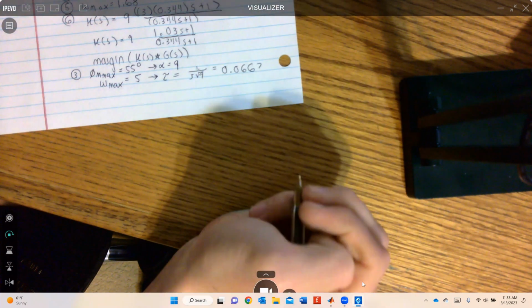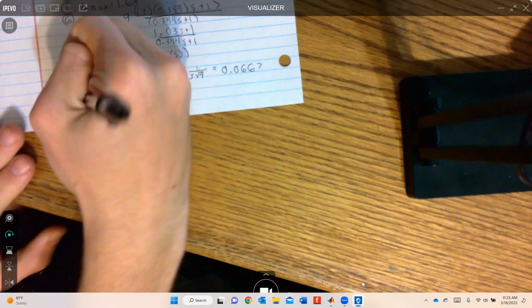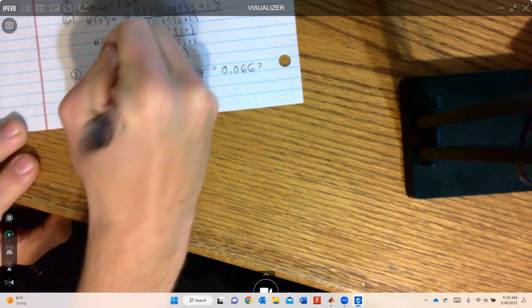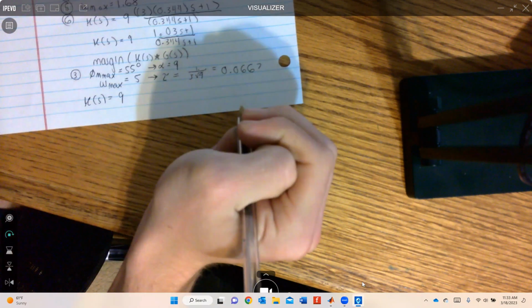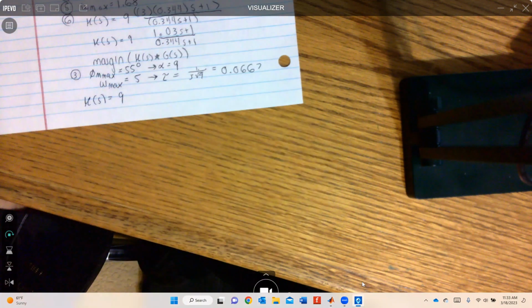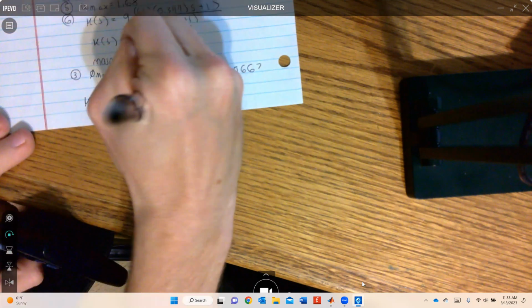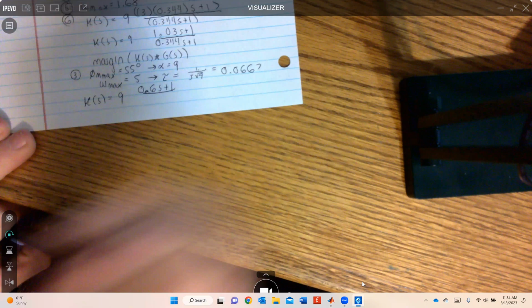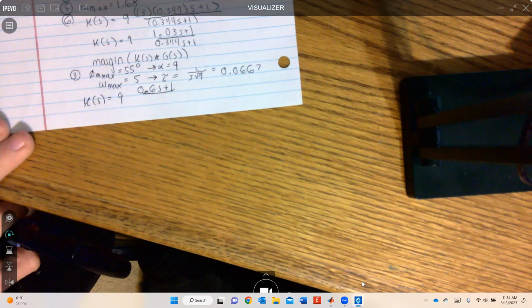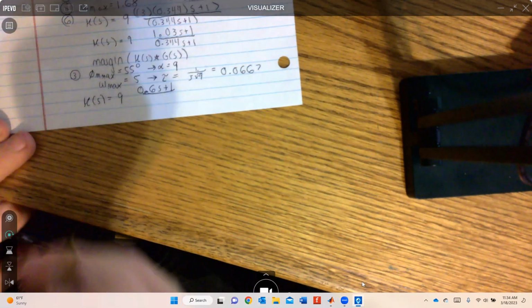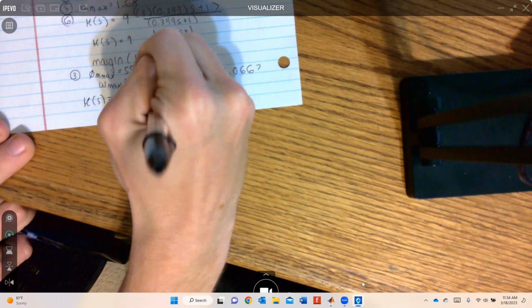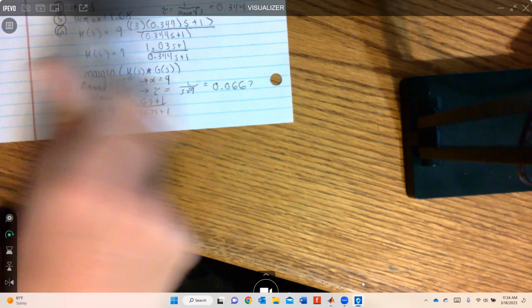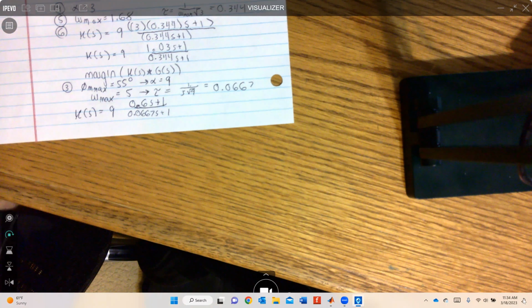Now solving for our compensator, our K of s is still going to equal 9 times tau times alpha, so 0.0667 times 9, which gives 0.6 s plus 1, all over, in our denominator, tau s plus 1, so 0.0667 s plus 1.